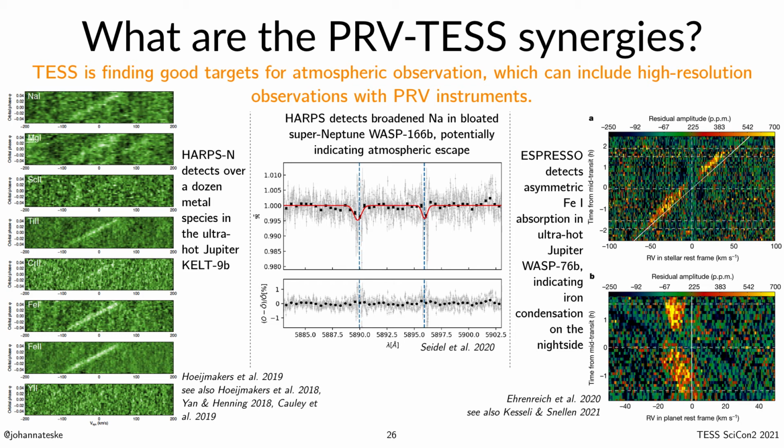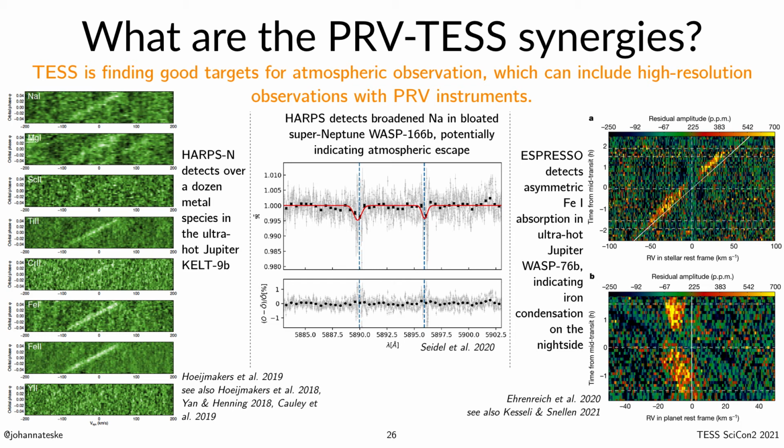I think that is coming down the line. Right now, we're still finding TESS planets and confirming them, but I just wanted to show what I think will happen in the future, which is characterizations like this for TESS planets. So we have these beautiful detections from HARPS-North of multiple species in the ultra-hot Jupiter KELT-9b.